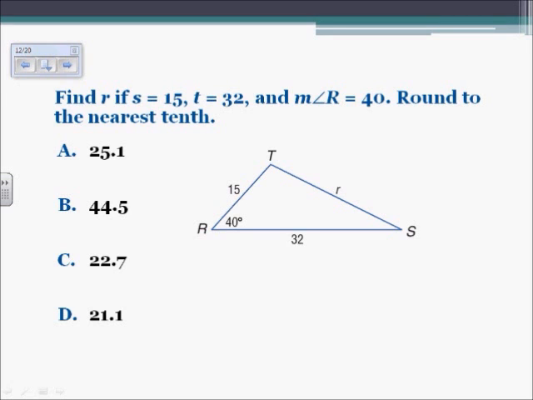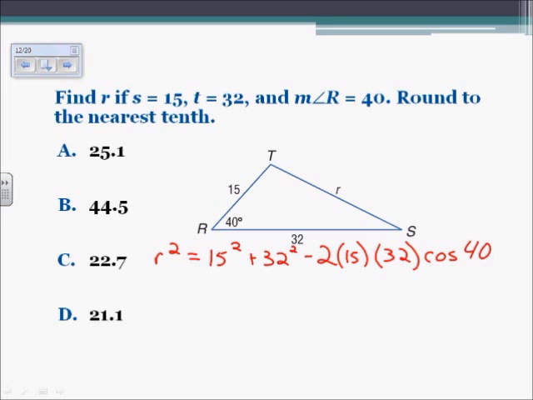I'm trying to solve for r, so r squared, the side I'm trying to solve for, squared, equals the other two sides I know squared, so 15 squared plus 32 squared, minus 2 times those two sides, 15 and 32, multiplied by the cosine of the angle across from the side I'm trying to solve for, which will be 40.